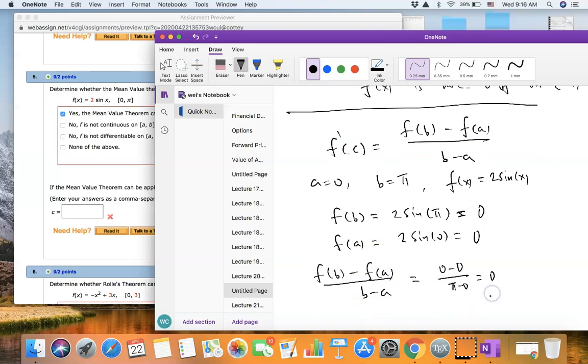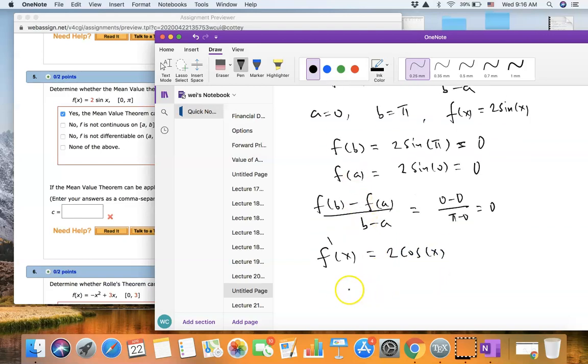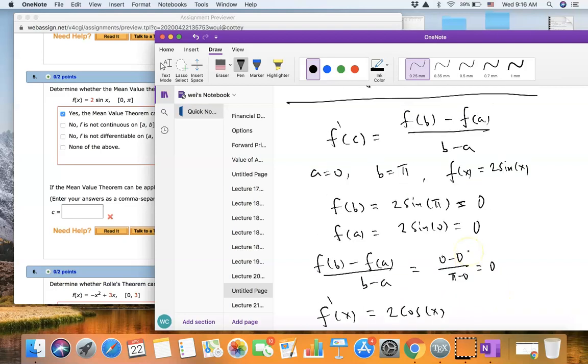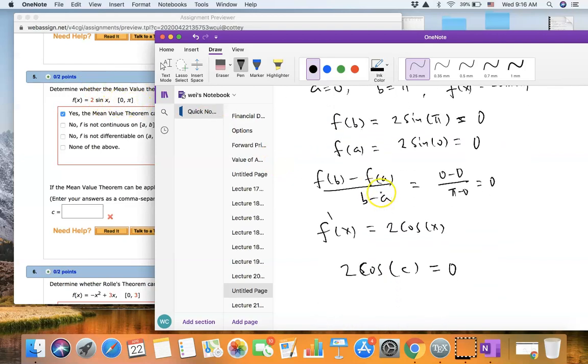which is 0. And the derivative of the function is 2 cosine x. So now we need to find a point c such that 2 times cosine of c equals 0. And c is between 0 and pi.